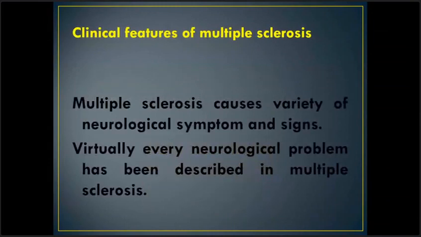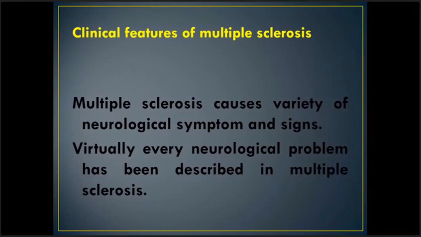So, after this prelude for this subject, and according to this pathology and pathophysiology, what is the clinical feature of multiple sclerosis? Multiple sclerosis causes a variety of neurological symptoms and signs. Virtually every neurological problem has been described in multiple sclerosis.